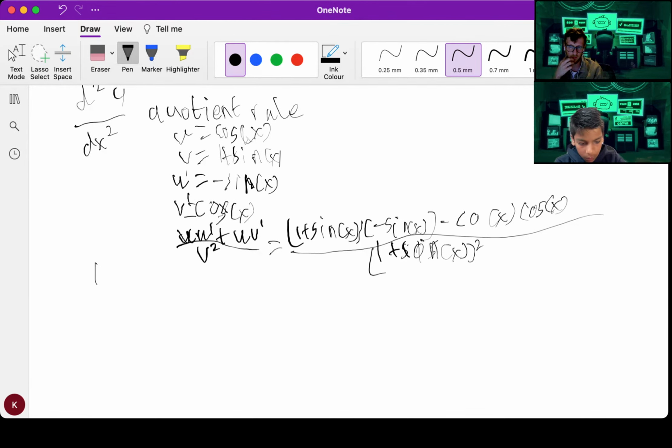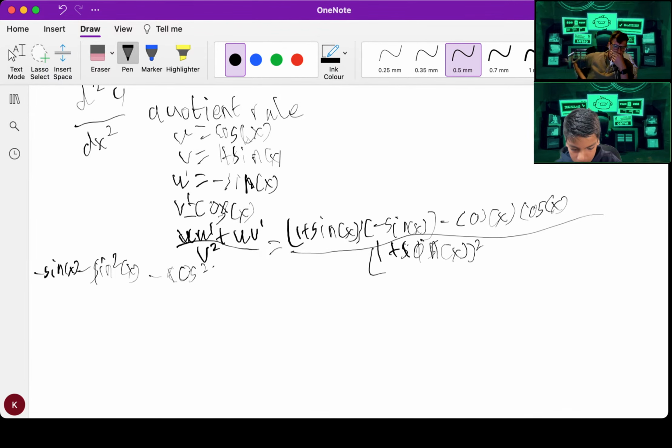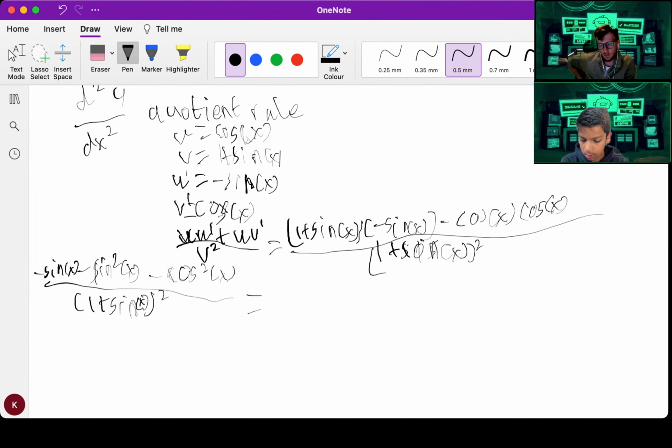Okay, so that's minus sine x, minus sine squared x, minus cos squared x, divided by 1 plus sine x squared, which is minus sine of x minus 1.